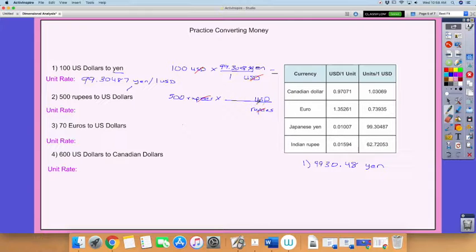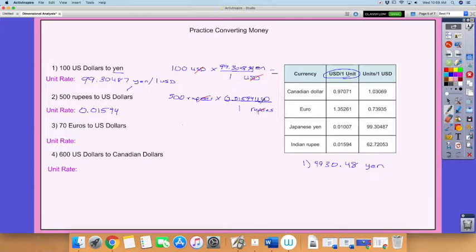So since US dollars is in the numerator, that means we're going to look at this column where US dollars is in the numerator. And we're going to go down to rupee, and I see that my conversion or my unit rate is 0.01594. So that's what I'm going to put here on top, 0.01594 over 1.